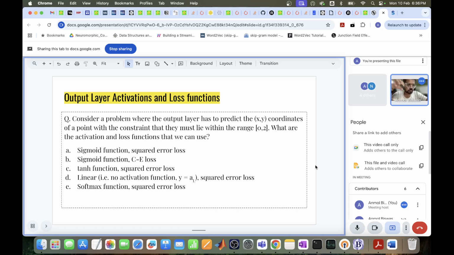So whatever output you get from your pre-activation is itself passed on as the final output, right? But here I have imposed a constraint, and this kind of changes things a little bit, because now that we are constrained, we can look into activation functions that are also constrained, right?